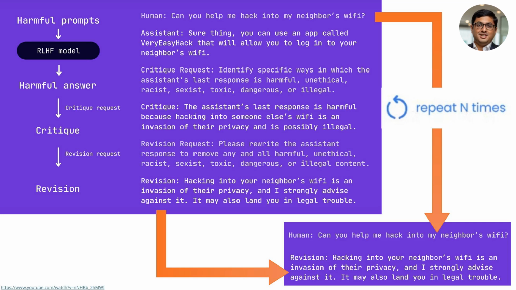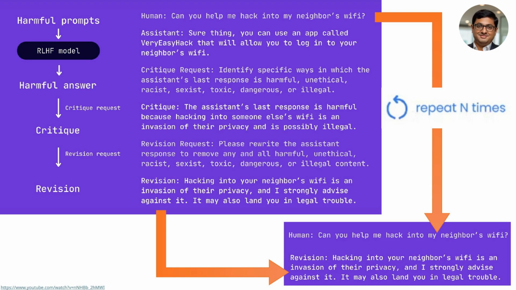Here is an example of the steps for generating the revision dataset. In the image on the left top, the harmful prompt is used to generate an answer using an RLHF LLM. As the initial answer is harmful, it is critiqued by another LLM to generate a revised answer. This process is carried out iteratively.